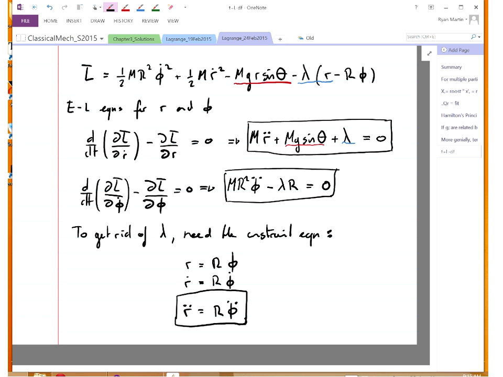We're doing this to get rid of lambda, so that we can keep r double dot and phi double dot. But you can see how this could let you get rid of everything. All right. So let me label these equation 1, 2, and 3.